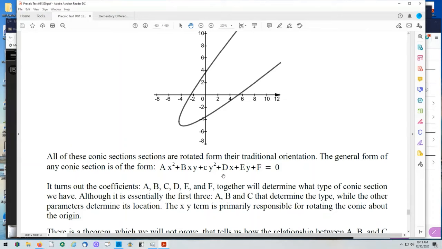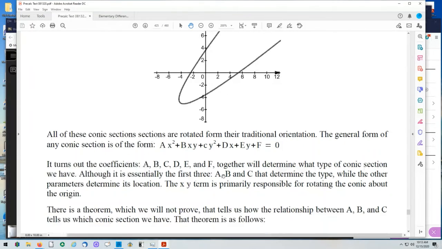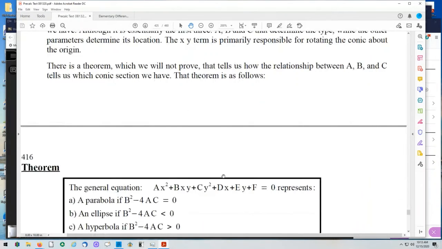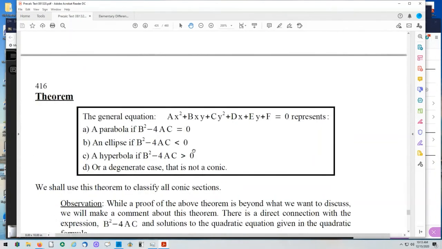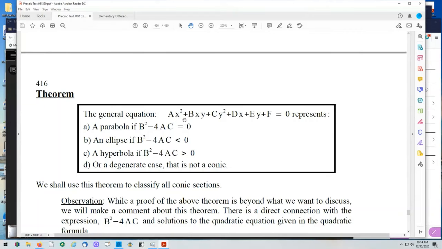Now, there's a theorem that says how everything is related. I'm not going to prove this theorem, but we're going to use this theorem. So if we're given this general equation, ax squared plus bxy plus cy squared plus dx plus ey plus f equals 0, this will give us a parabola if b squared minus 4ac equals 0, taking just the coefficients.